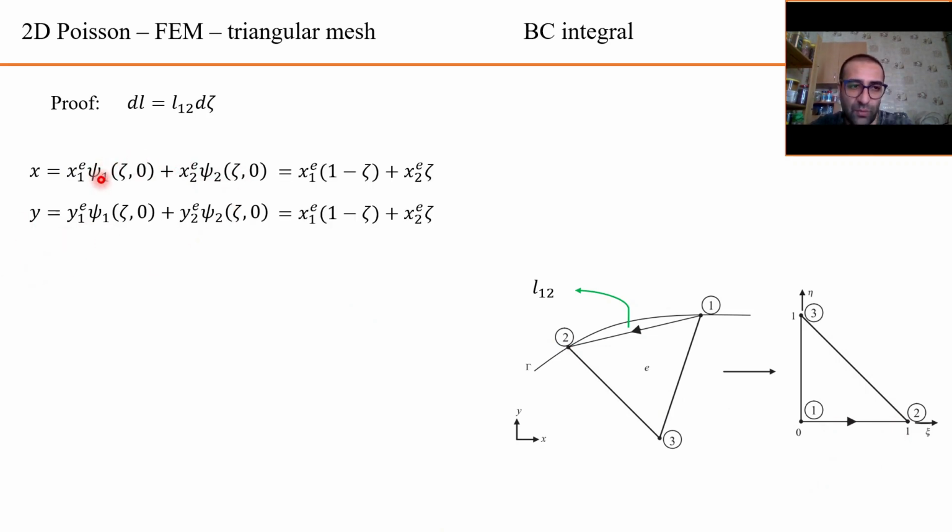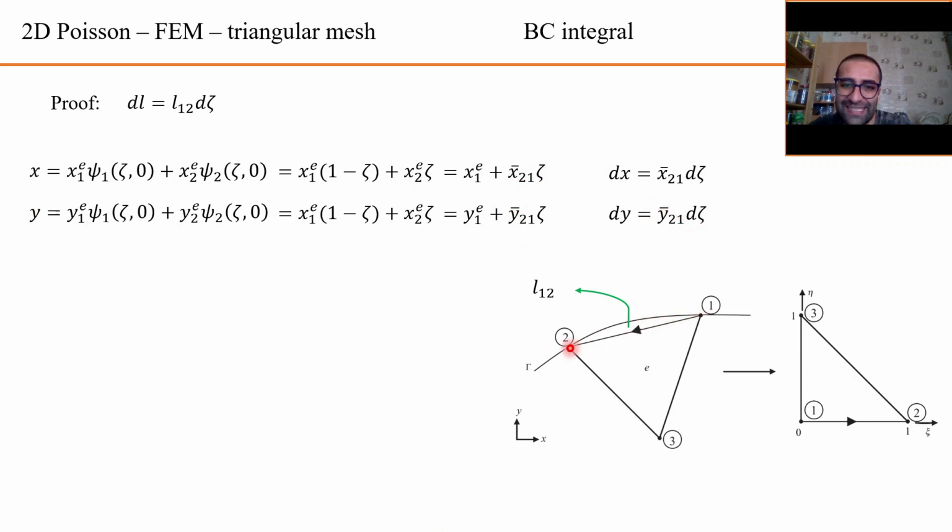If I substitute psi 1 here by considering that eta is 0, and psi 2 by considering that again eta is 0 but psi 2 is just zeta, then after simplification and writing the common terms, that is, we have a zeta here and a constant term here, we can get these equations simply. And from this we see that dx is indeed x21 times d zeta, and dy is y21 times d zeta.